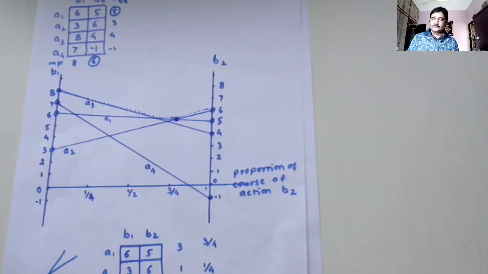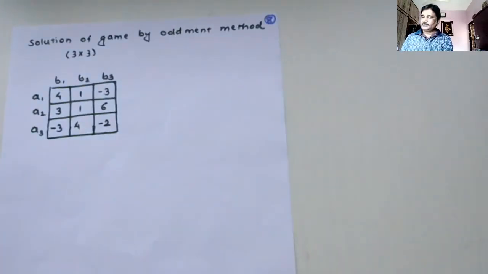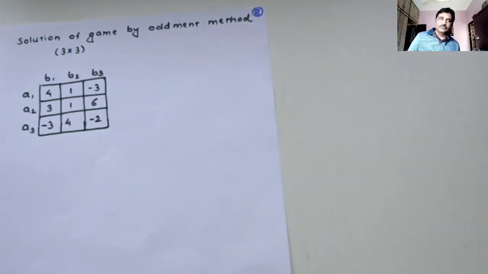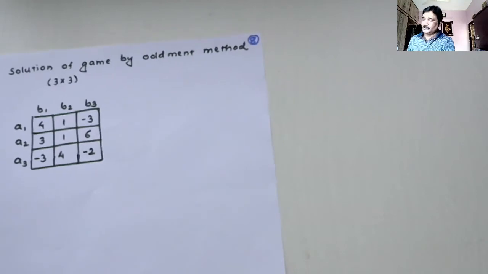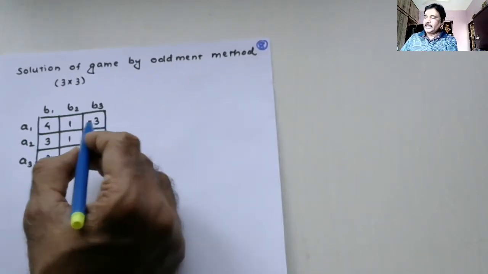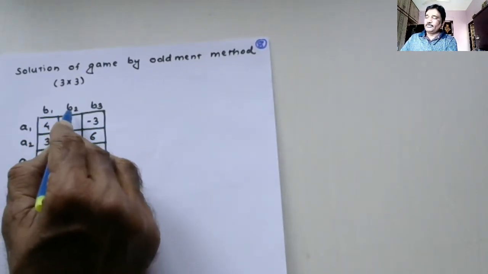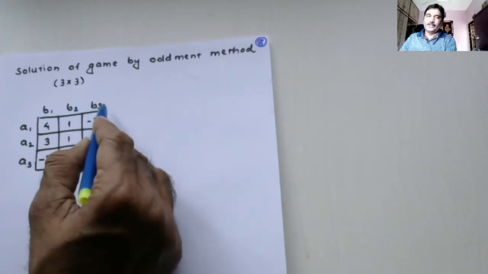Okay. How to solve. So here I have the problem, 3 by 3 solution. Now there is a very simple method, again an extension of the arithmetic method. The arithmetic method is applicable to 2 by 2 and we are extending that method to apply to 3 by 3. Okay, and that method is called the augment method. So what I'll be doing here, I'll be taking the difference between b1 and b2 and then b2 and b3.